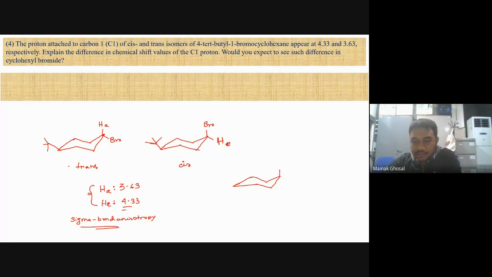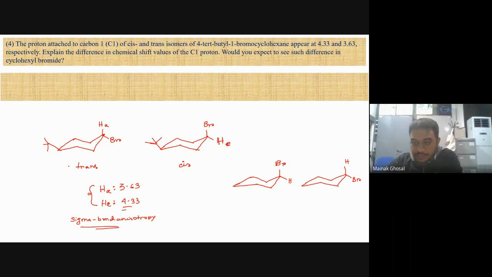So here this is another conformation. This is another conformation.